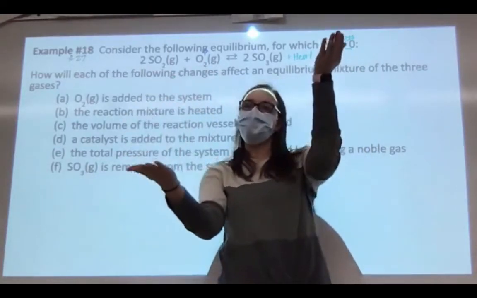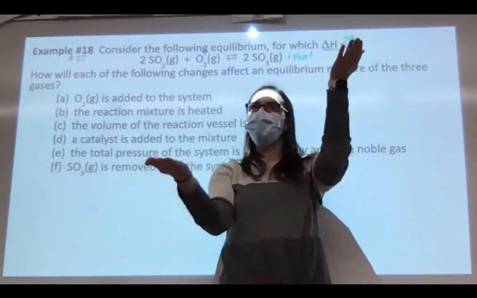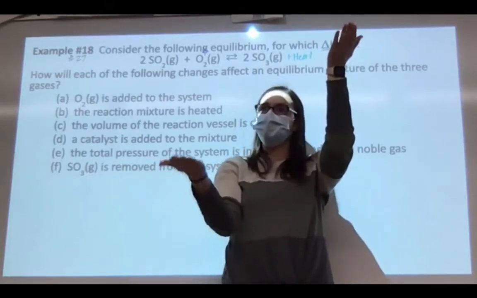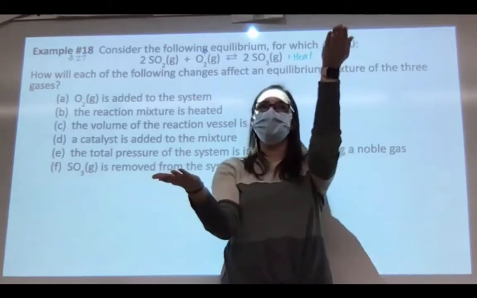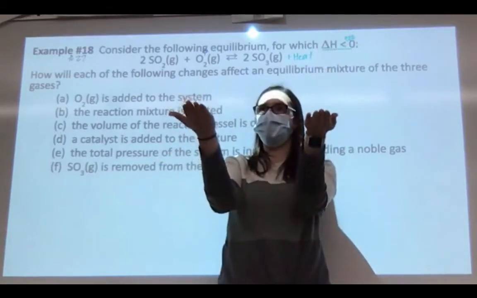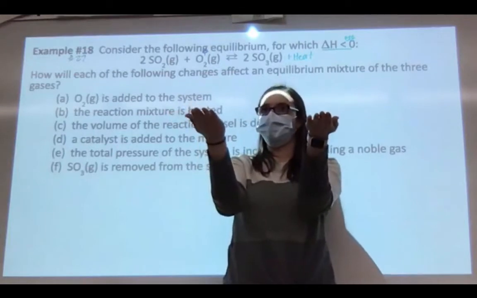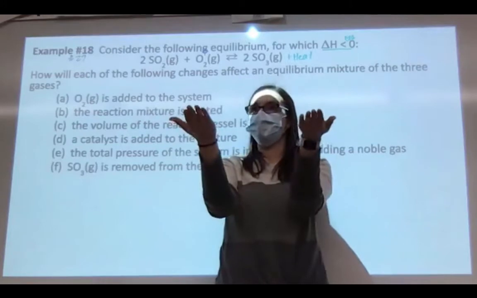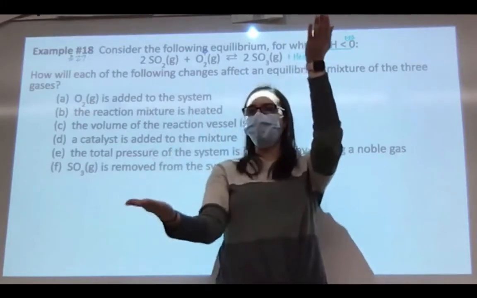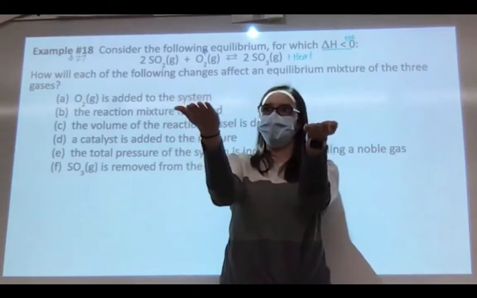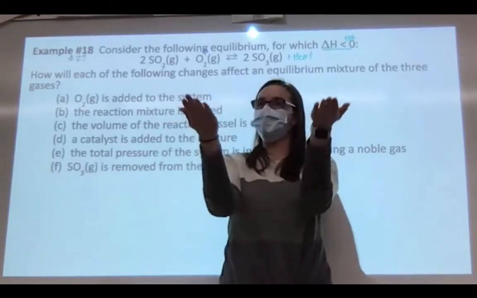So now we have too many reactants compared to products. You need to get equilibrium back to where we have the correct ratio. So if you have too many reactants, we need to use up the reactants, make more products to get back to equilibrium.